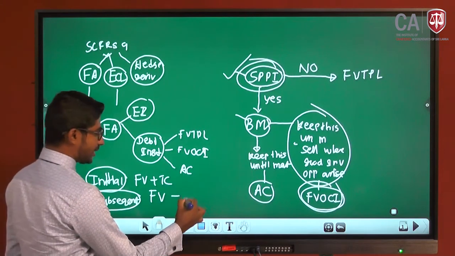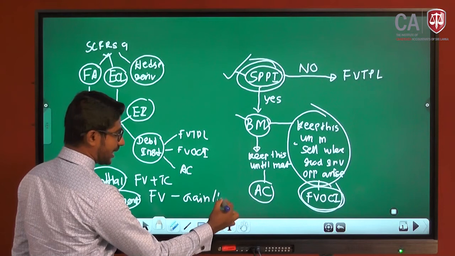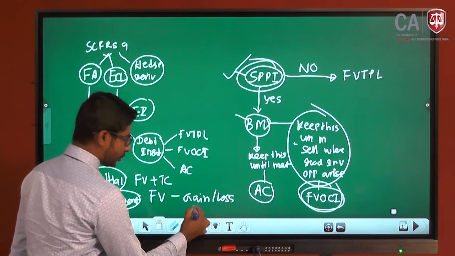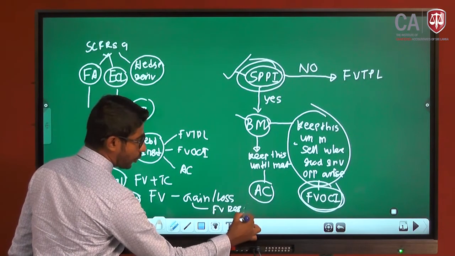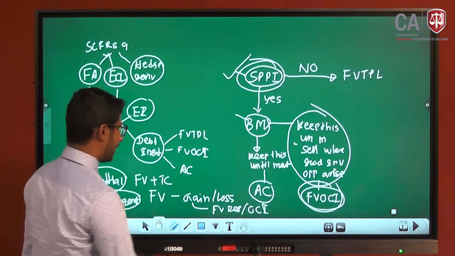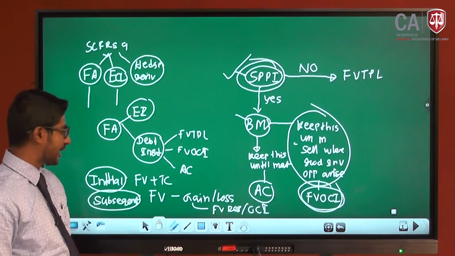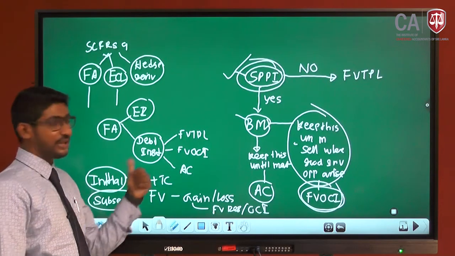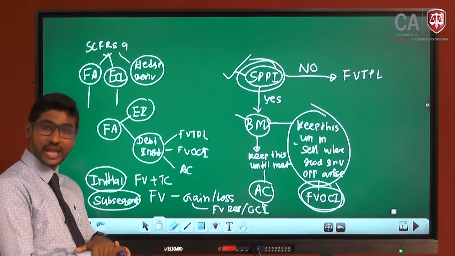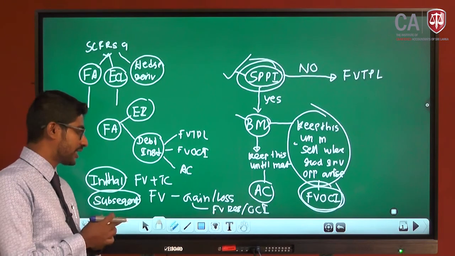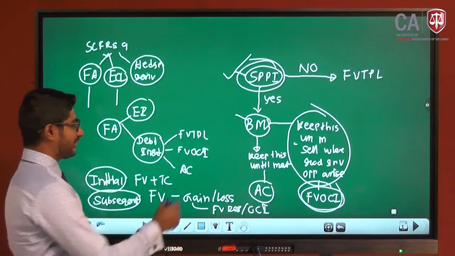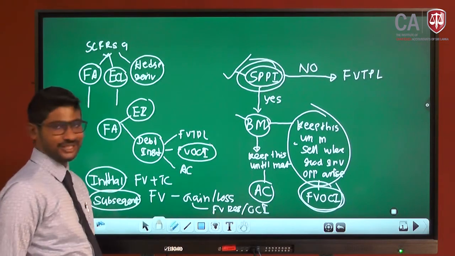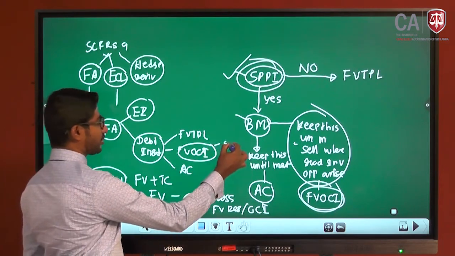Whatever gains and losses arise should go to the fair value reserve, or we'll say OCI. And one more thing, in a fair value through OCI instrument, interest needs to be recognized. Interest is to be recognized at EIR.